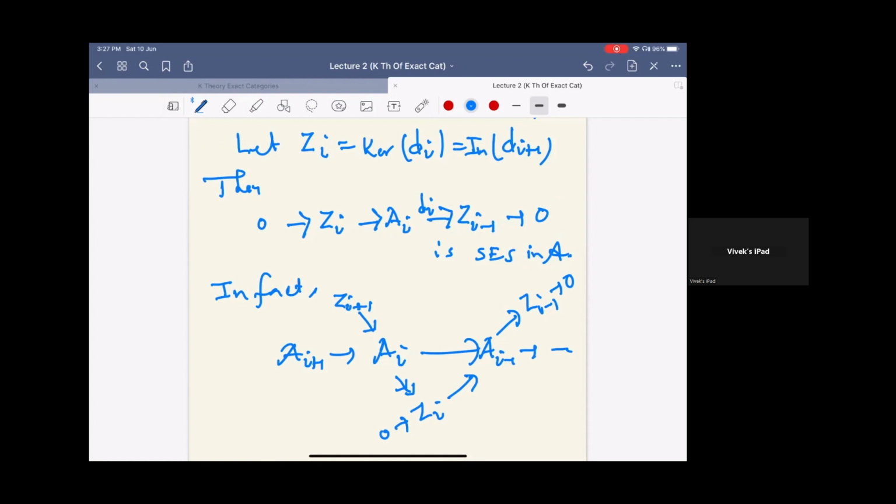So you have this factorization. This factorization leads to a definition of a long exact sequence in an exact category. Given a long exact sequence in an abelian category, we always have this factorization, which means you can split a long exact sequence into short exact sequences. So this leads to a definition of a long exact sequence in a general exact category.